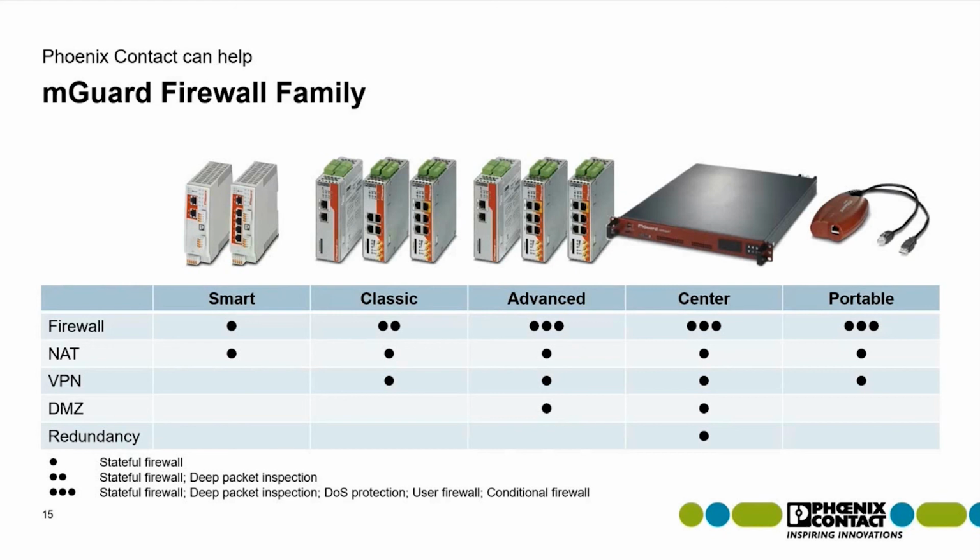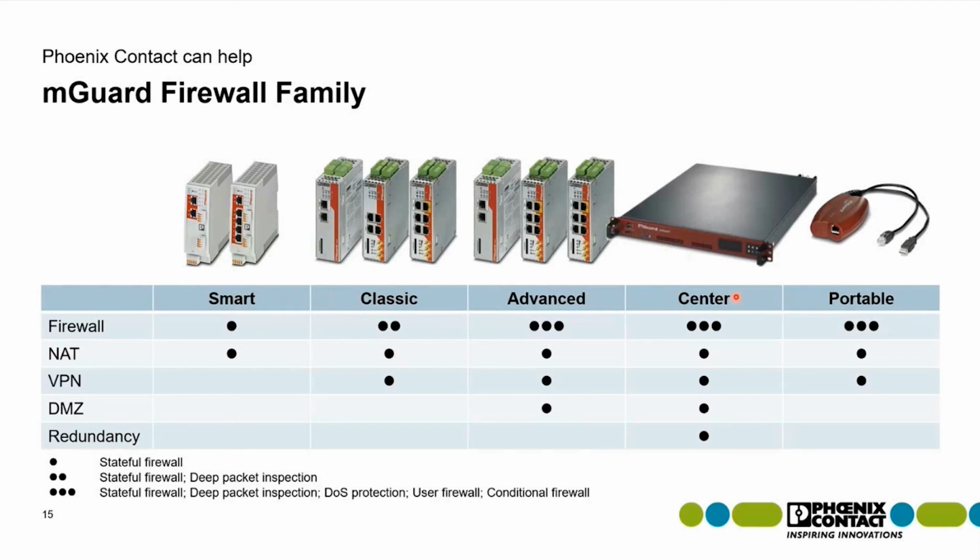We have had this type of firewall for more than 20 years, even before the cybersecurity standard IEC 62443. So we have very deep knowledge and a powerful product family. As you can see here, our product family goes from the smart and simple one to the classic firewall, or even advanced, or even a larger firewall to put in the control room.